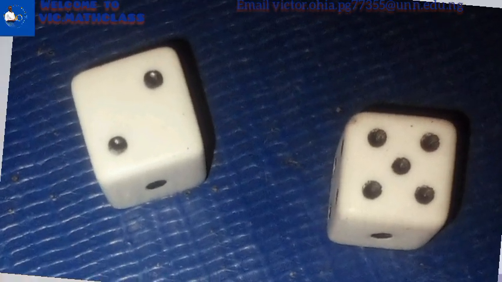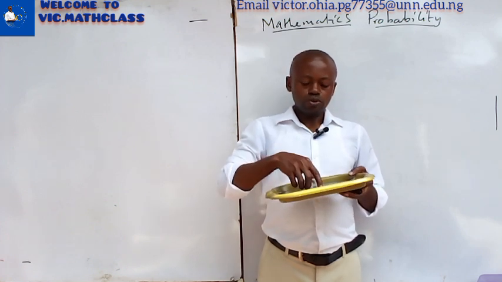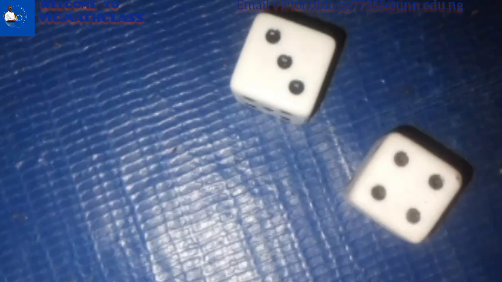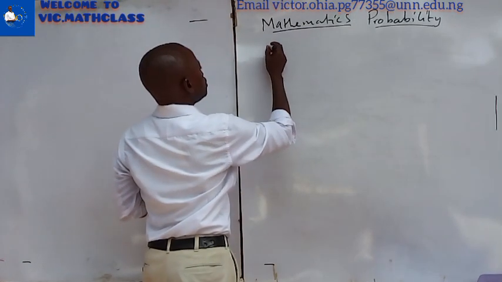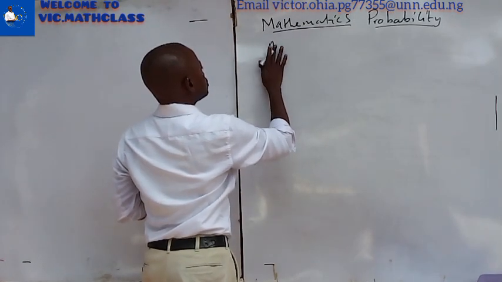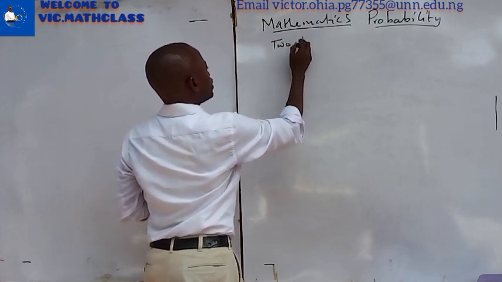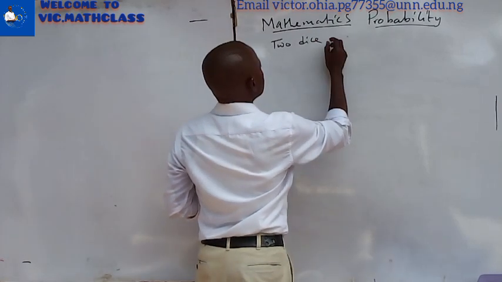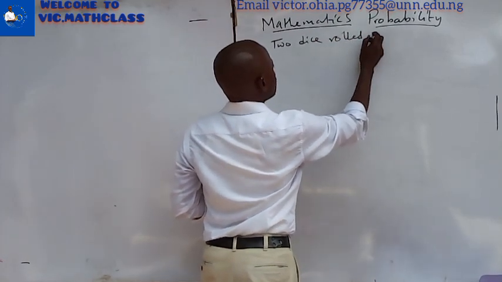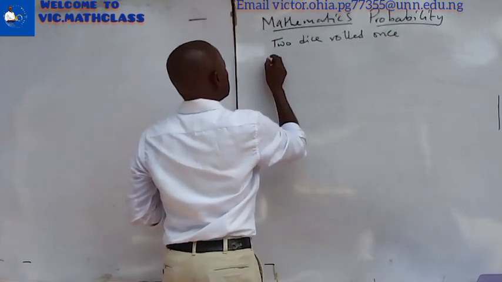5 and 2. We can keep on rolling it, and we can see this is 3 and 4. So when we roll 2 dice once, we have the sample space.